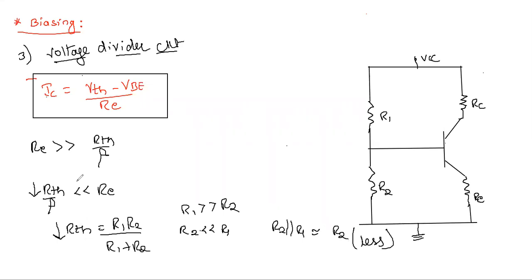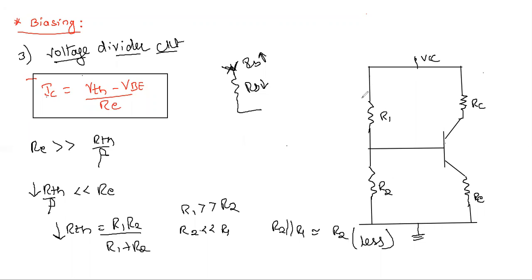If RTH is less, RTH by beta will be less when compared to RE, so that IC will be independent of beta. But coming to the emitter stabilized circuit, there I said, as the value of RB is less, the current IB flowing through this circuit will also increase. But here R1 is a very high value when compared to R2.